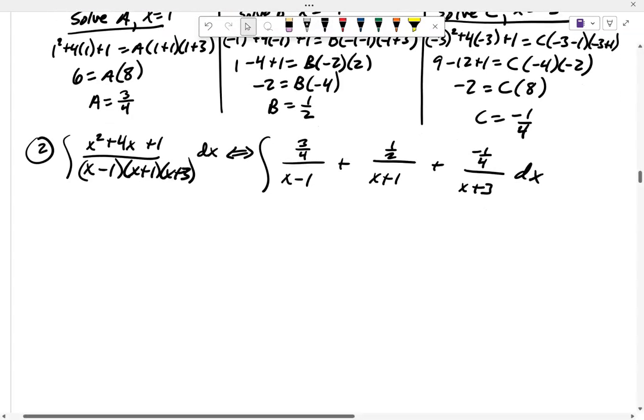And it looks like I'll have no issues if I put the 3/4 in front.